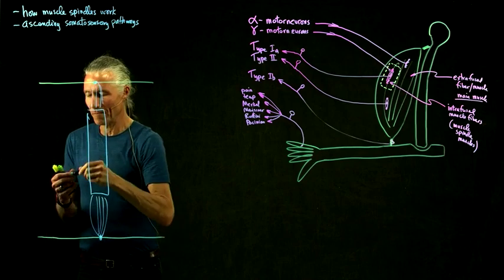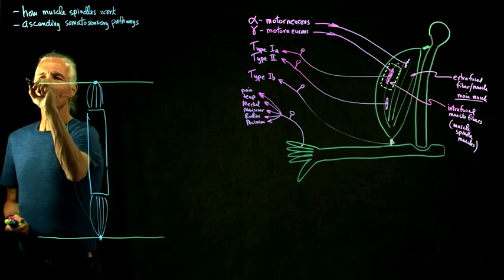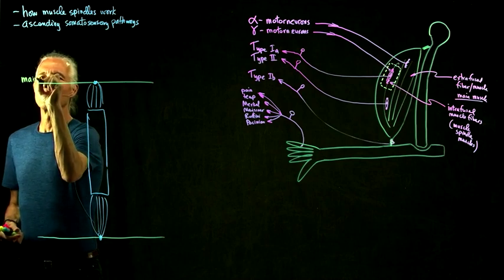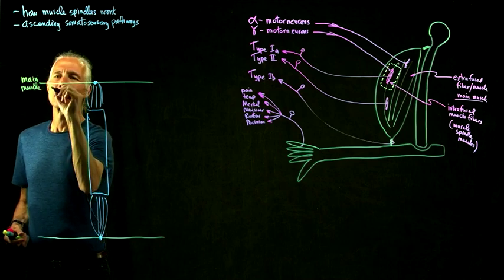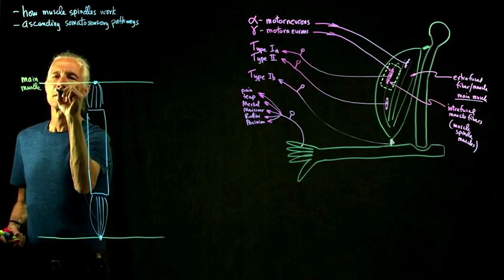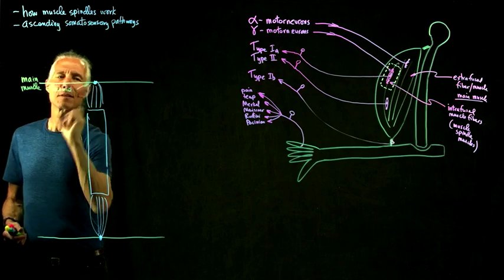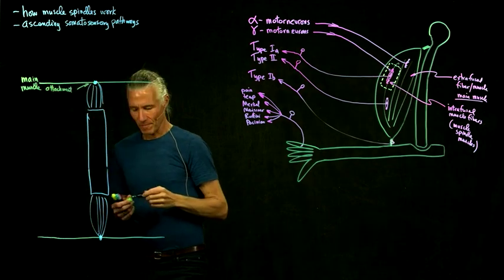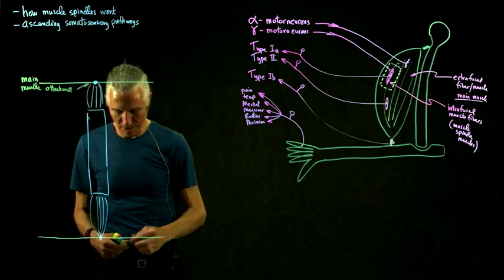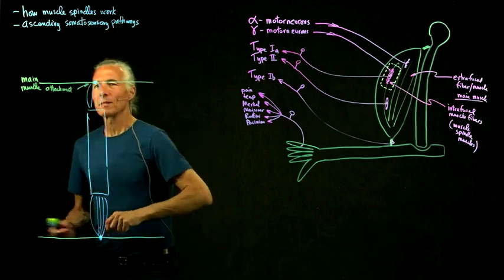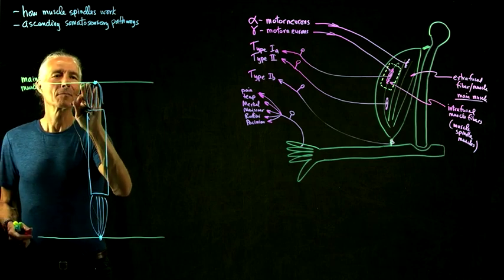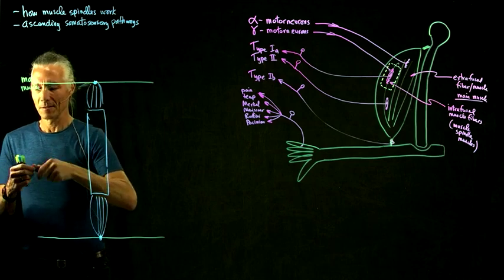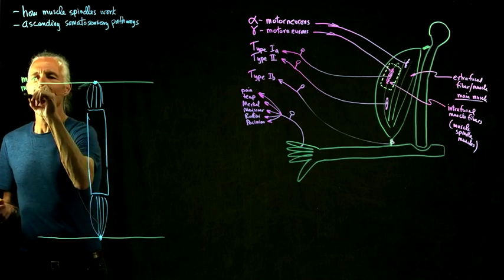So this is the main muscle. It's bolted down to the main muscle attachment, and this is the length of the main muscle. I've got to revise my arrows.